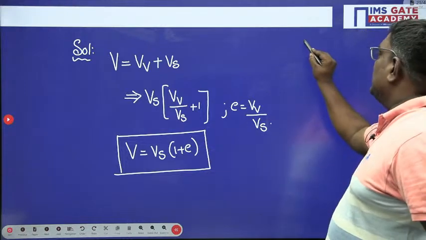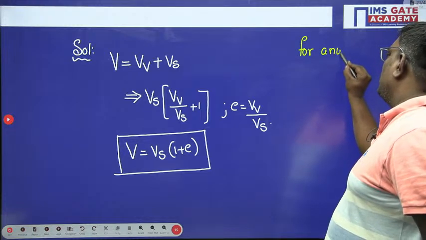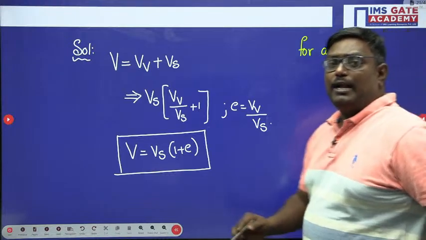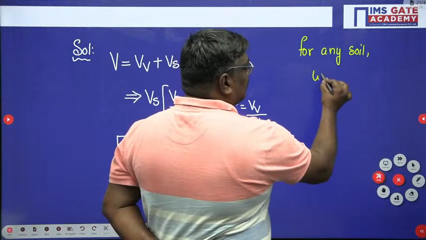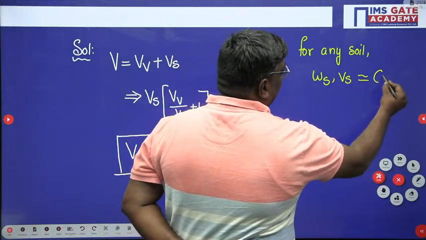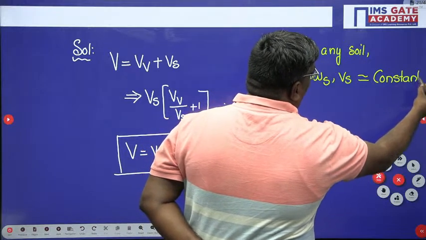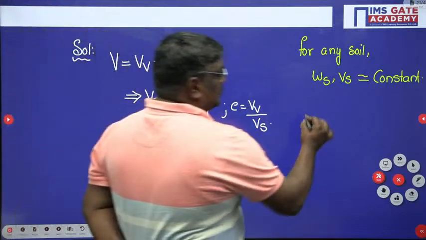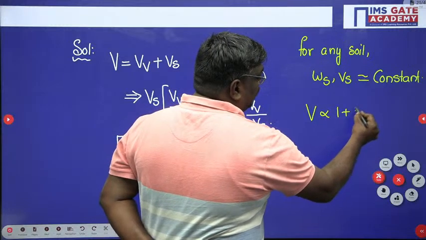See here. Now, for any soil, I told you 2 terms, weight of solids and volume of solids are constant. For any soil, weight of solids and volume of solids are constant. Agree? Now see students, this equation can be written as volume is proportional to 1 plus e.